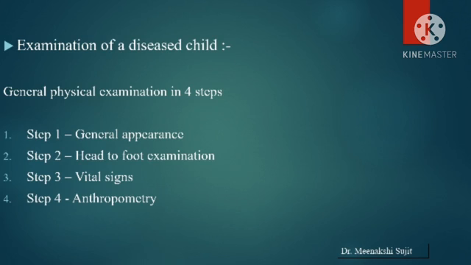Then coming to the chest, the shape of the chest and auscultation of the chest you have to do. Then abdomen palpation, any megaly of organs you have to see, and especially in newborns, the umbilical hernia or any infections of the hernia.